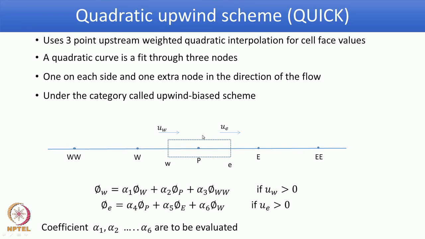Here the flow is from left to right, so the one more upstream node is W. The expression for phi at E is equal to alpha 4 phi at P plus alpha 5 phi at E plus alpha 6 phi at W. Now, coefficients alpha 1 to alpha 6 are to be evaluated.